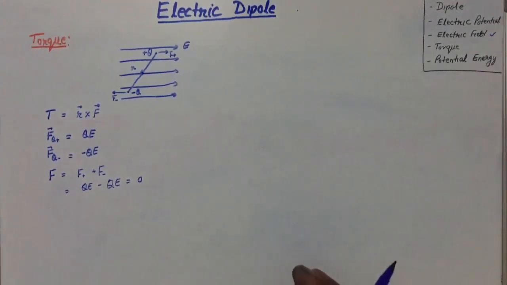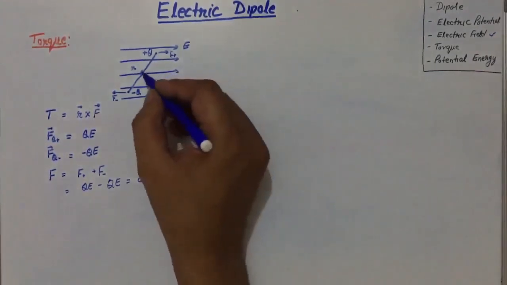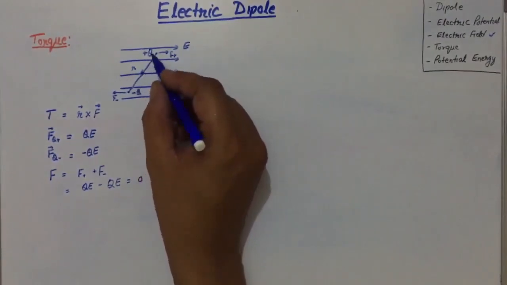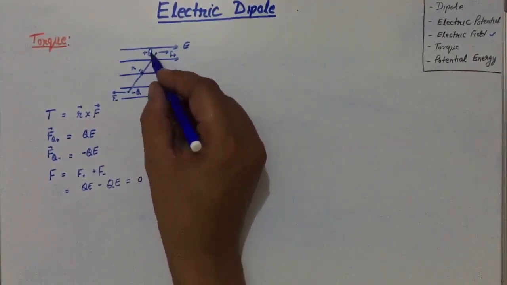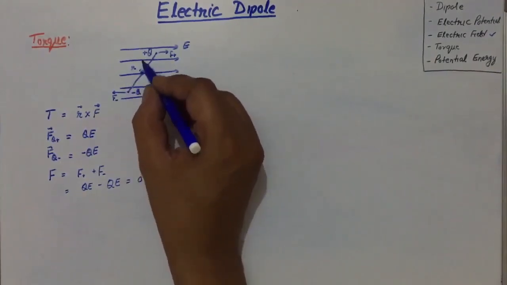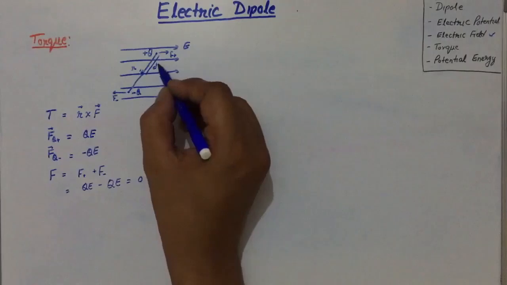And to find the torque, we will consider the center of this dipole, and if the total length is d, then each half is considered as d by 2.